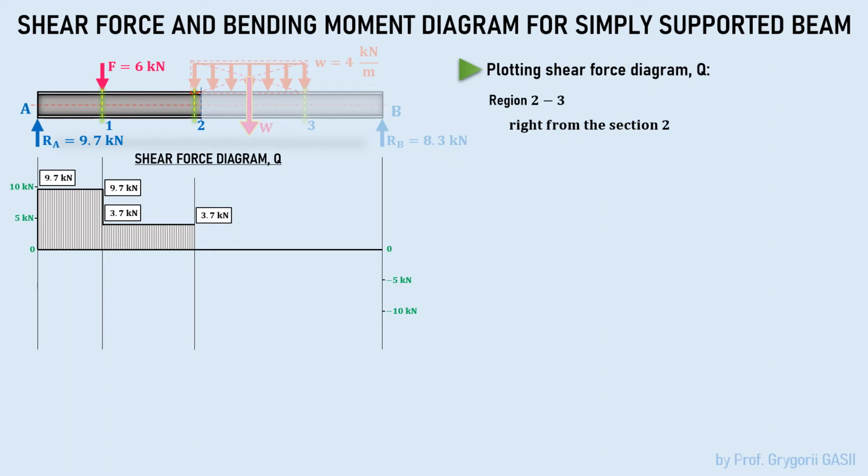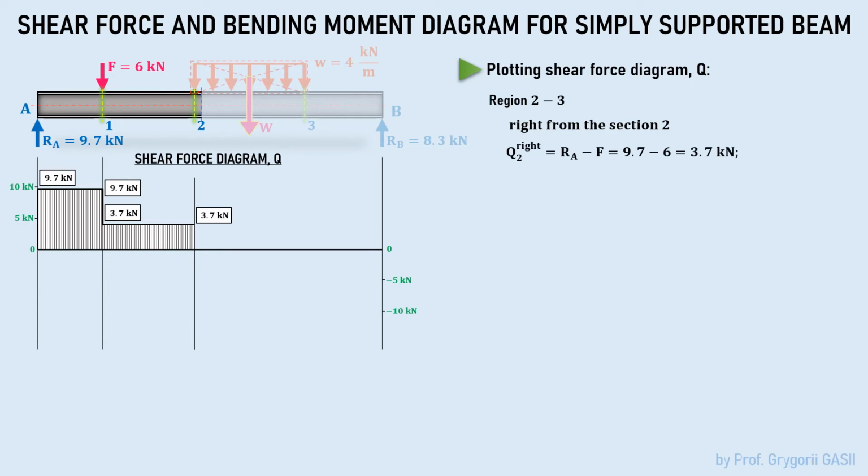Since we are defining the shear force as close as possible to section number 2 to the right, the length of the load tends to 0. Therefore, the resultant force between section number 2 and the current point is also equal to 0. That's why, in this case, the shear force is the same as to the left side of the section, that is 3.7 kilonewtons.